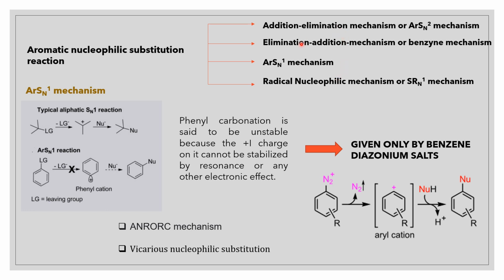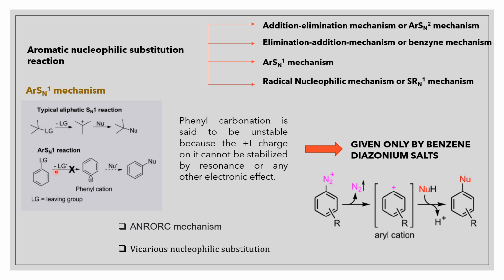So for the time being, we discuss only the one which is given in the question, that is ArSN1 mechanism, and that is given on the left side of the slide. In a typical aliphatic SN1 reaction that we have already discussed, you'll be having a leaving group. The leaving group leaves the system to form a carbocation, which is then attacked by the nucleophile to form the final product. But coming to ArSN1 reaction, this is not possible.